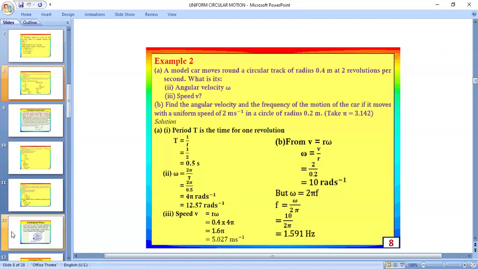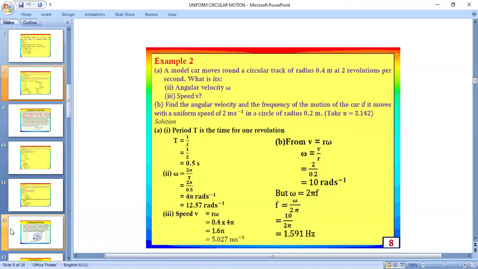Then the second one is the speed v. So from the 5 equations, you look for the equation that has v, and it's the one that says omega equals v over r. And we have our omega, 12.57, equals v, which we are looking for, divided by radius, which is given as 0.4.